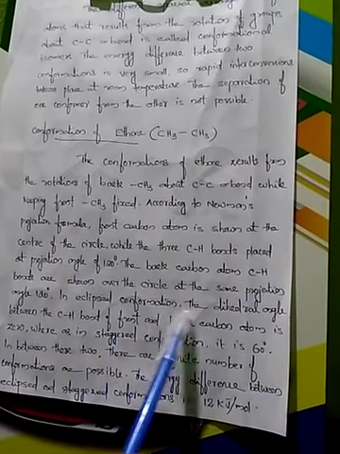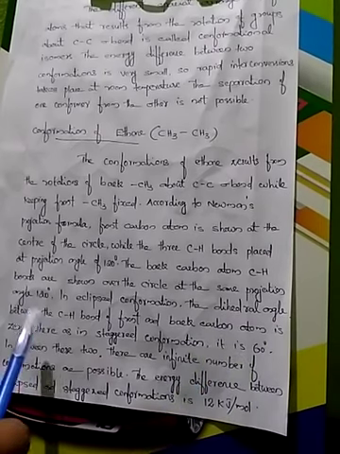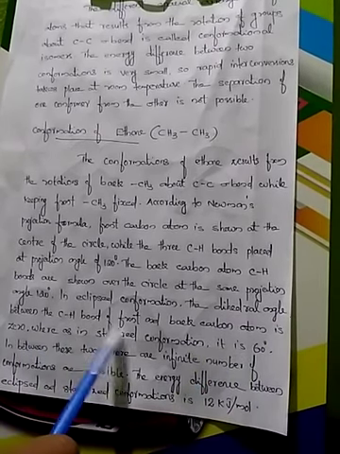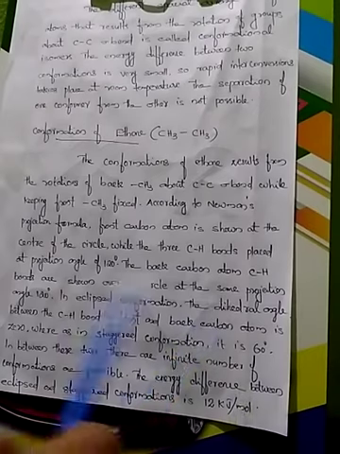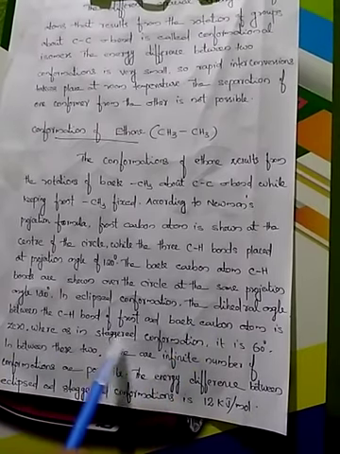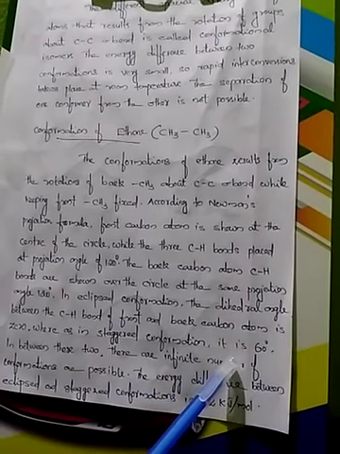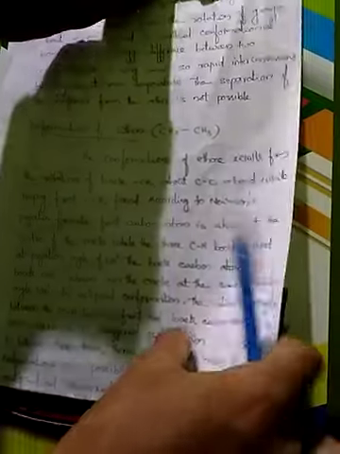In the eclipsed conformation, the dihedral angle between the CH bonds of the front and back carbon atoms is 0, whereas in the staggered conformation it is 60 degrees.